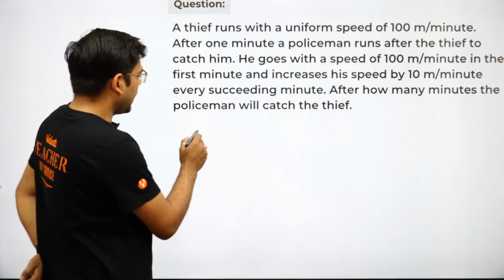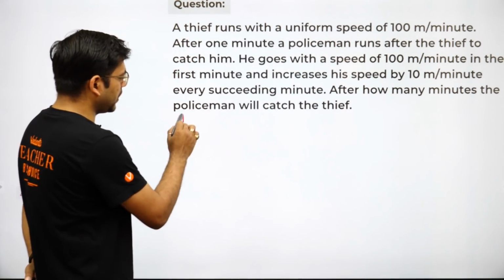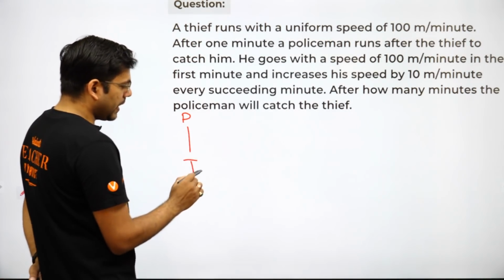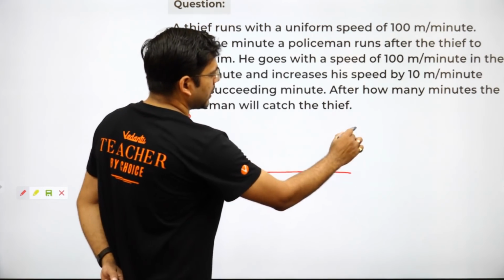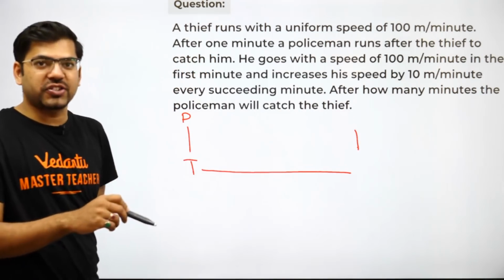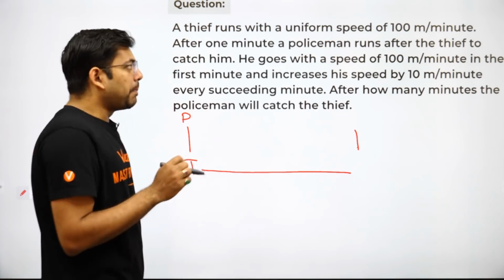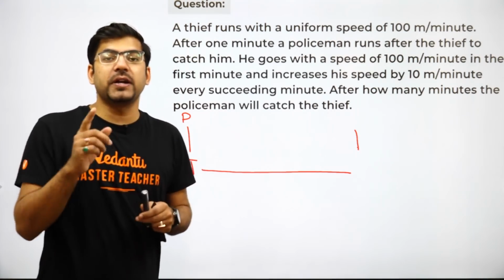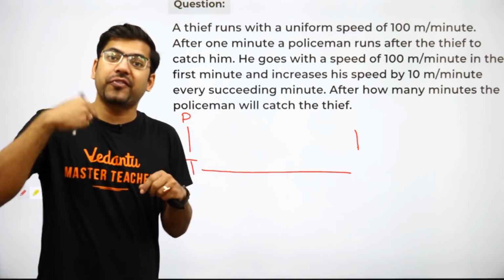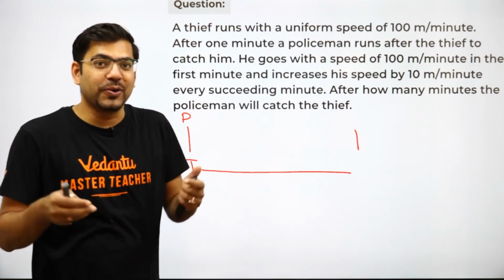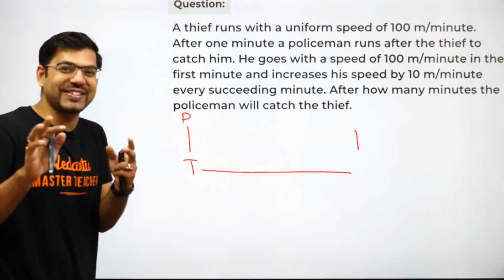See, here is the starting point for the police and the thief also. Now, the thief has started and will go till here, till the time the police catches him, let's say. When the thief started, the policeman did not start. The police started after 1 minute. Even though we know that police is a bit late, no issues, just joking.